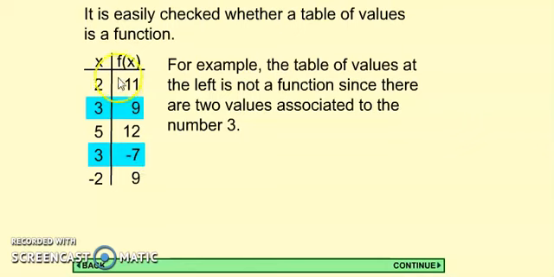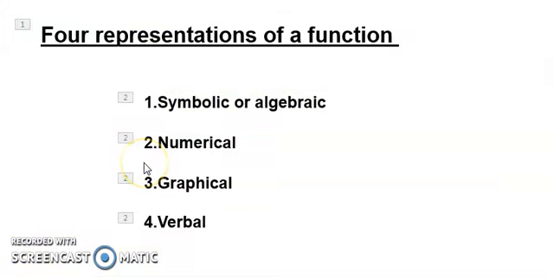So this shows that f of x is not a function. Finally we conclude that f of x is not a function because with two same inputs you can't get two different outputs.